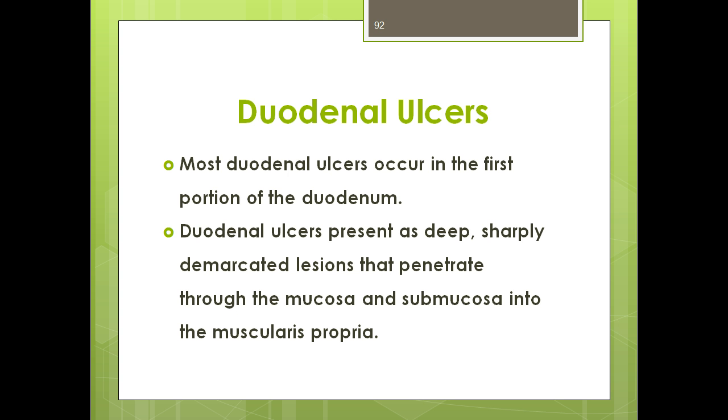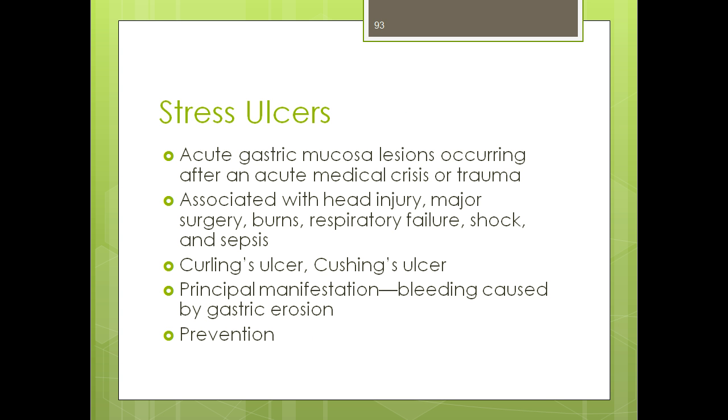Then you have the stress ulcers and the acute gastric mucosal lesions occurring after an acute medical crisis or trauma. That's the difference, and they're associated with head injury, major surgery, burns, respiratory failure, shock, and sepsis.